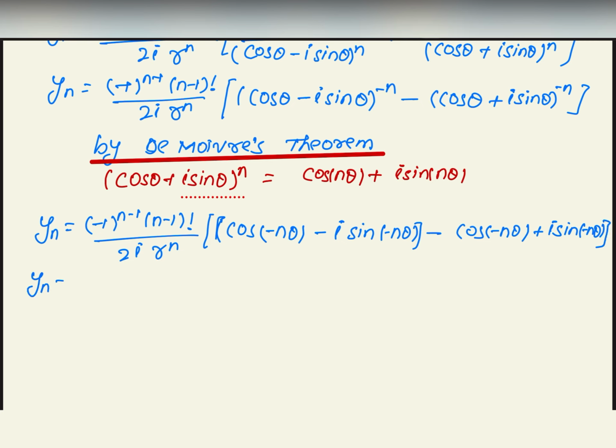So yn is equal to minus 1 to the power n minus 1, n minus 1 factorial divided by 2i r to the power n.